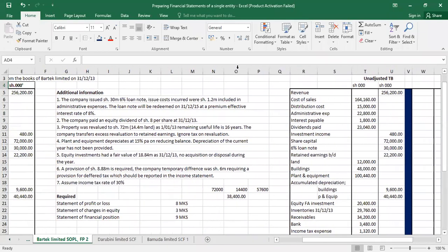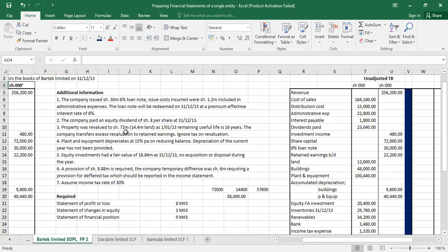Number 1, there is no other adjustment because you have been told the loan will be redeemed on 31st 12 2015 at a premium, effective interest rate of 8%. So no worries there. Number 2, the company paid equity dividend of shilling 8 per share. You can see also in our adjusted trial balance, we have dividends paid, isn't it? So it's already incorporated.